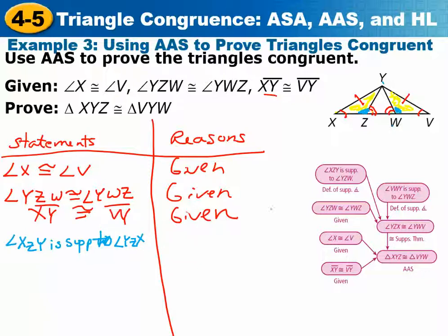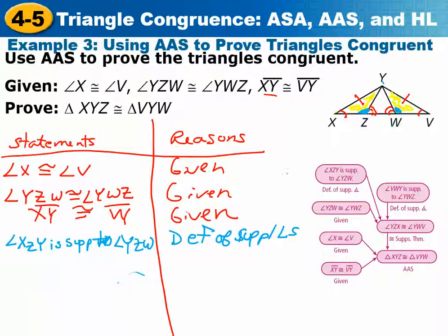And did I say that right? XZY is supplementary to, oh, I did say it wrong. I knew I was going to write that one wrong. To the one that was marked YZW. Because they form a linear pair or because of their supplementary, I guess I'll write supplementary angles.